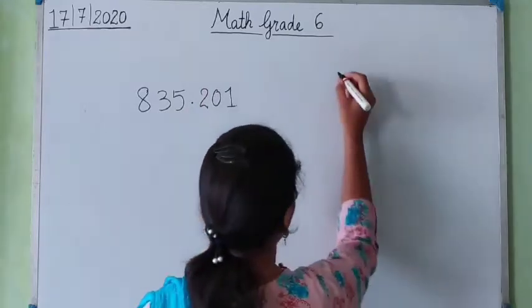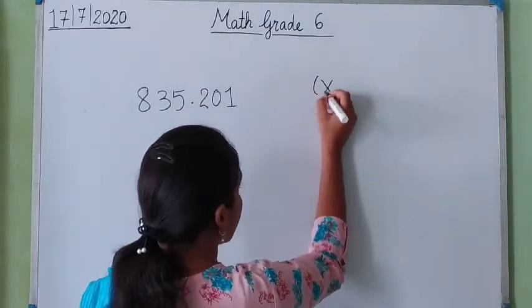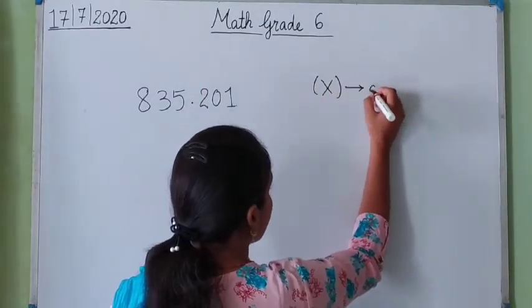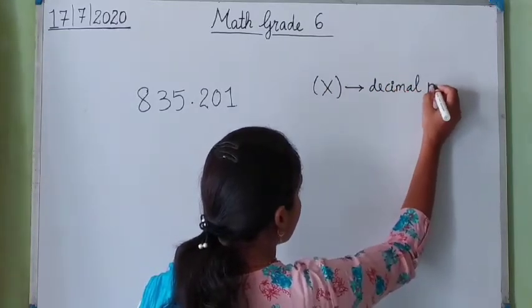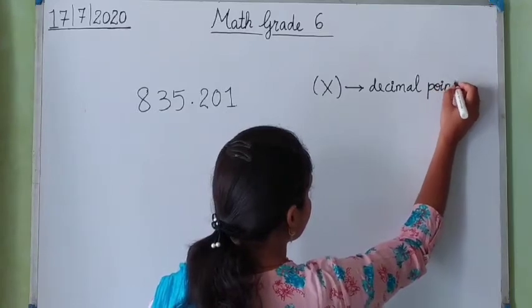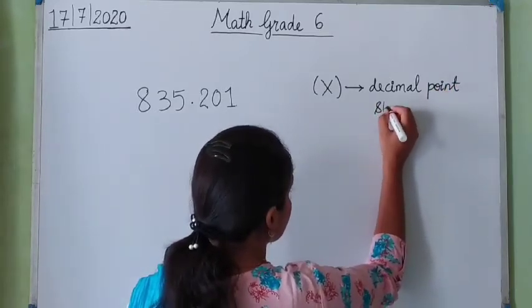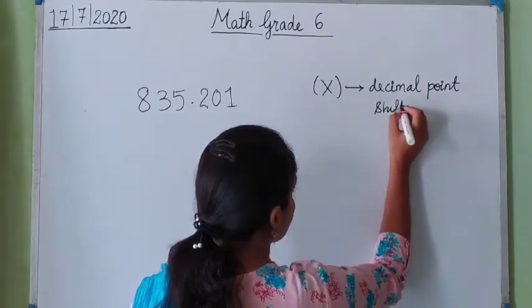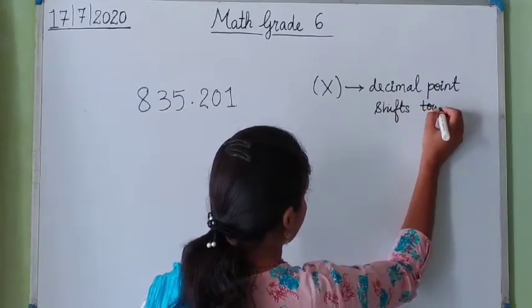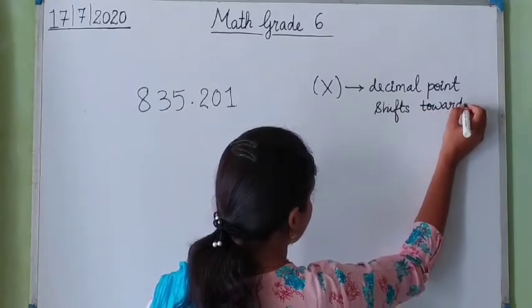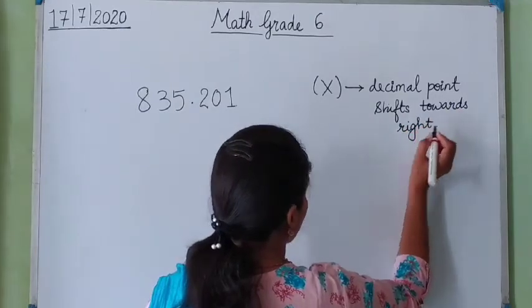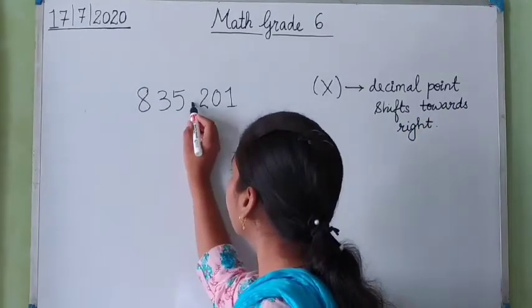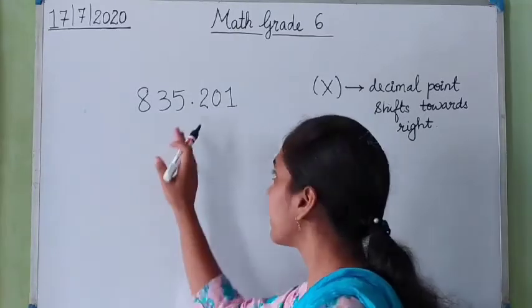So in multiplication, the decimal point shifts towards the right.